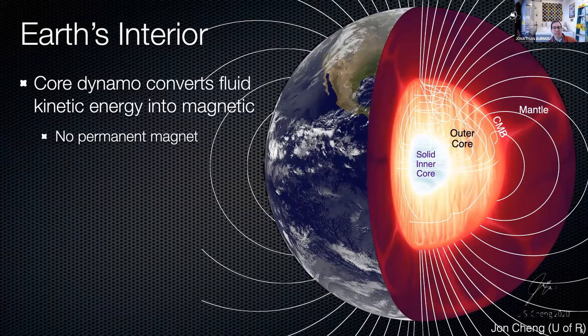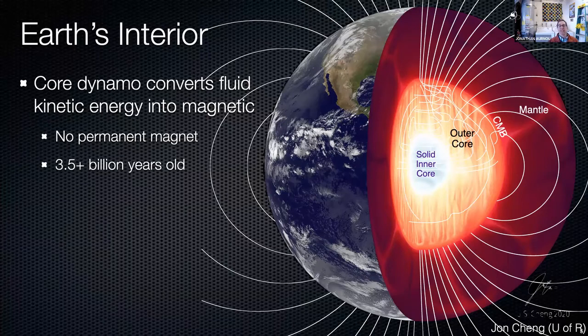Let's talk about what's happening in the core. In the outer core, in this fluid region, we have a dynamo. In that dynamo, the kinetic energy of fluid motion is being converted into magnetic field energy. There's no permanent magnetism related to the dynamo. It's simply too hot, amongst other things. We've had it for a long time.